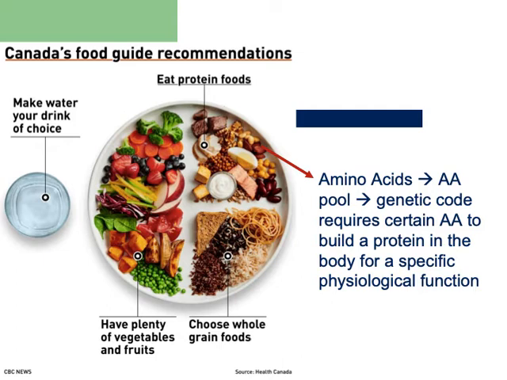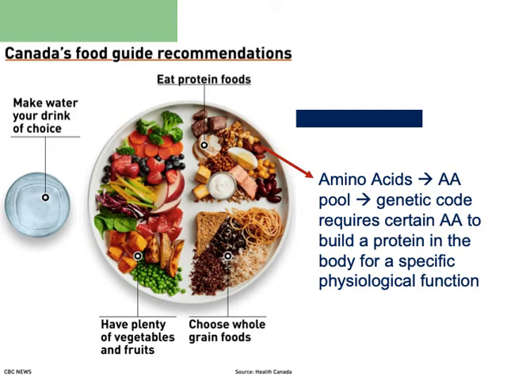So these amino acids, remember, we eat the whole food, we just break it down through the process of digestion and catabolism to our individual amino acids, which go into this idea of an amino acid pool. And then based on the DNA and RNA sequencing, we create our amino acids.